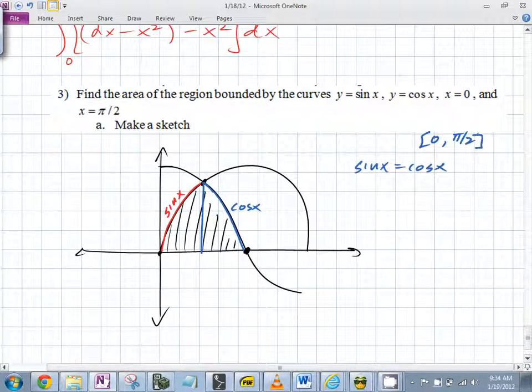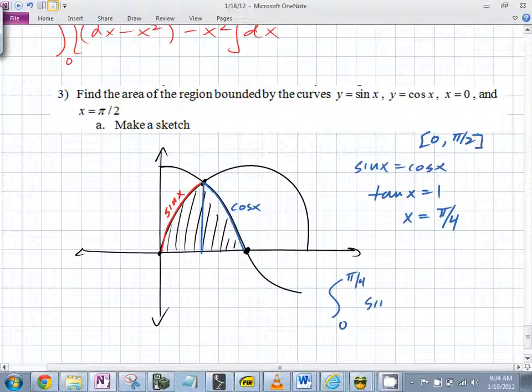So what's the first integral we need? 0 to pi over 4 of sine x minus what? What's the lower function? 0.